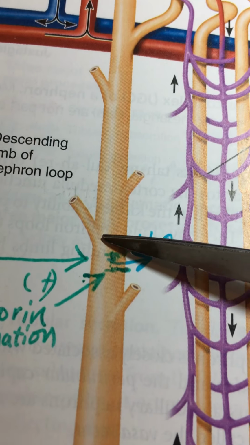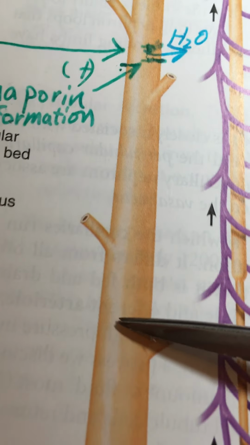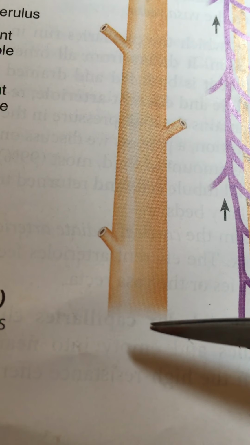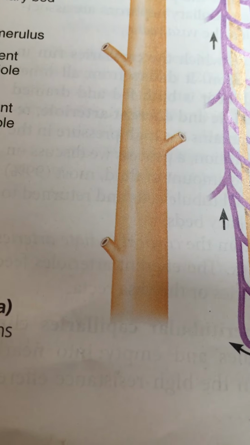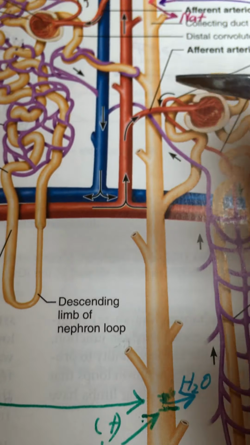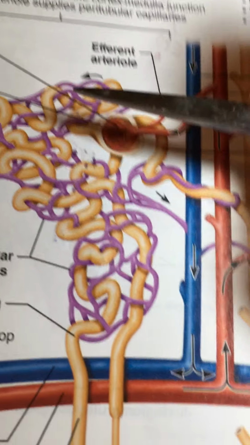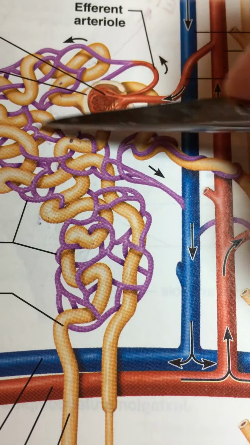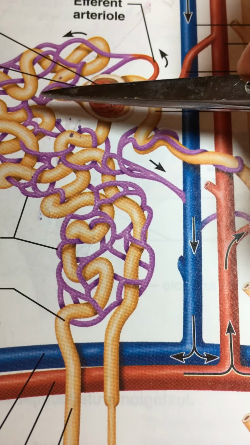The collecting duct will travel down the pyramid. The pyramid will end in a papilla and will end up in a minor calyx. The minor calyces will lead to major calyces, which will lead to the ureter, and then finally the urinary bladder. Okay, so most of our nutrients and water come back right up here.